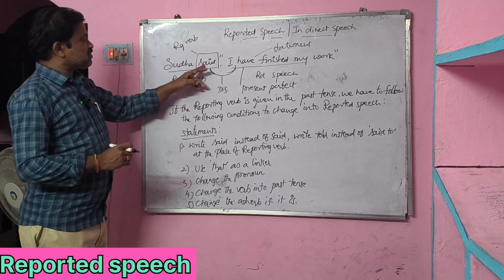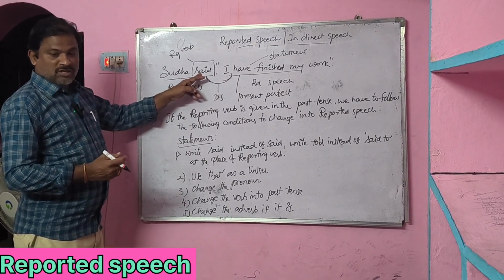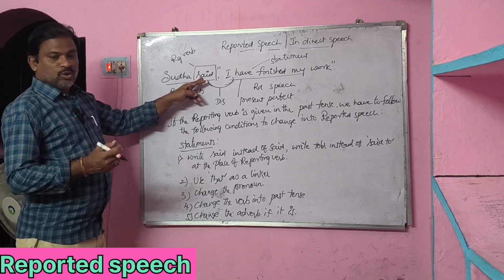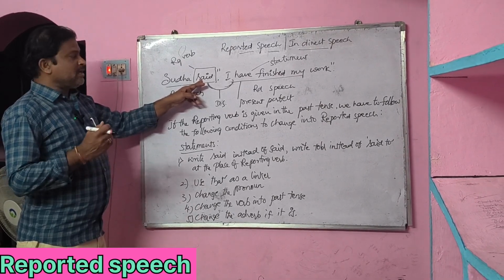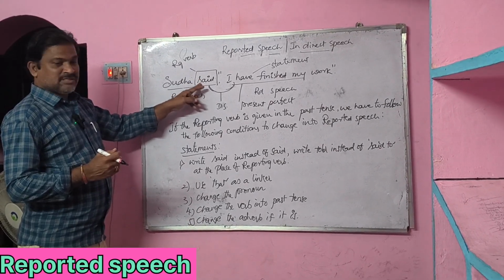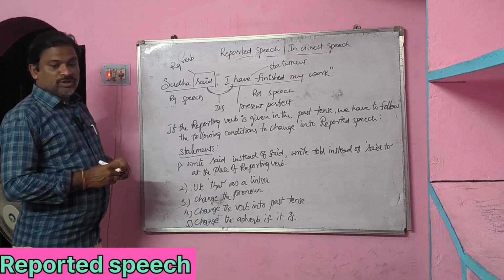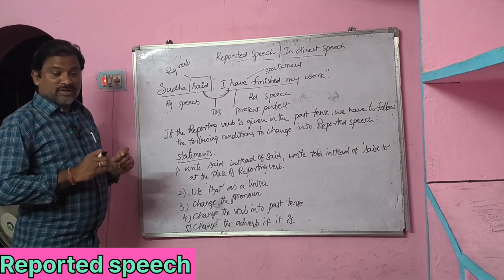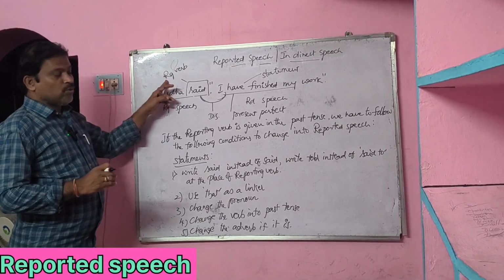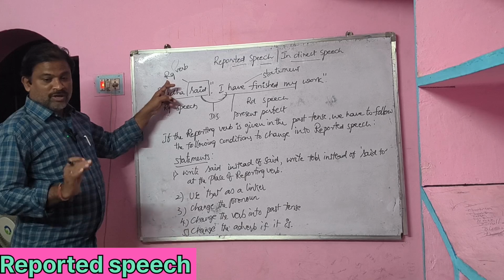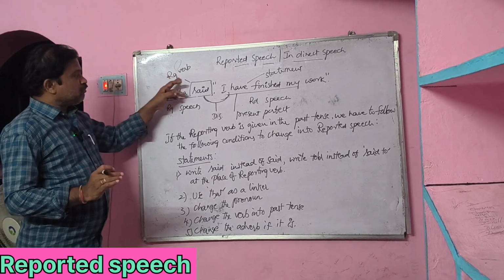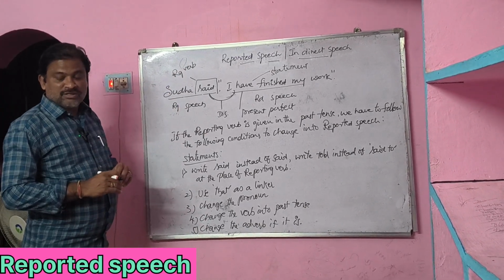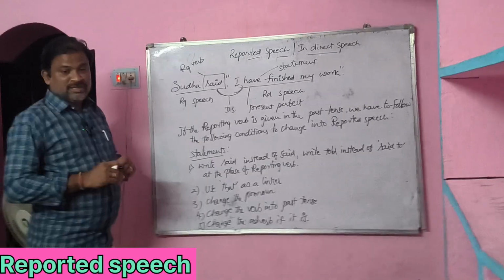And at the same time, said, or sometimes asked, said to, told, says, whatever you observe in this place, is called the reporting verb. Totally, our answer depends only on the reporting verb. If the reporting verb is given in the past tense, we have to use different conditions.